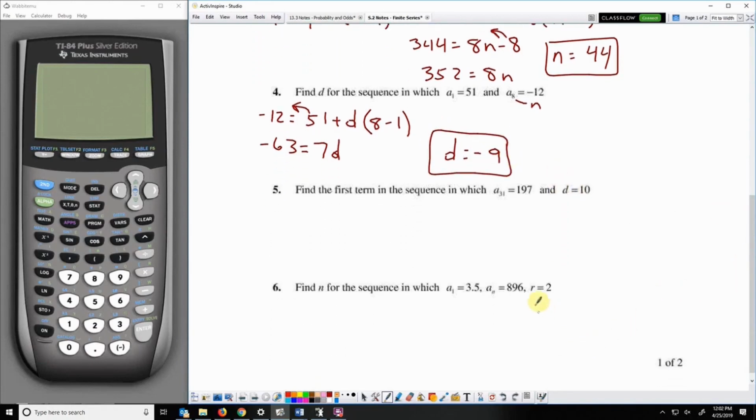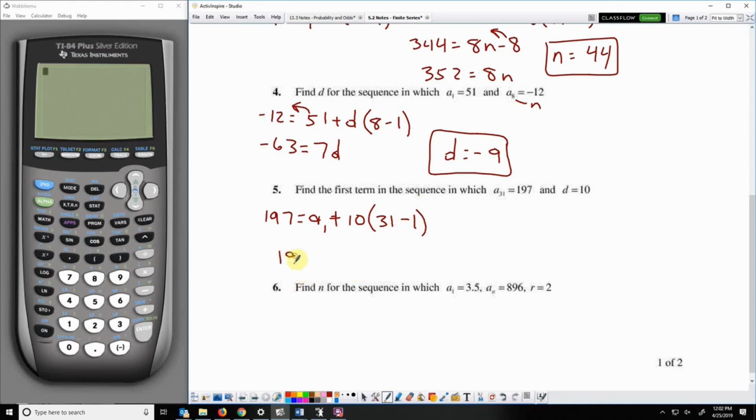Find the first term in a sequence in which the 31st term is 197. We want the first term, so a sub 1 equals. The common difference is 10. That shouldn't be an equals there. That should be plus 10 times n is 31, so that's 31 minus 1.